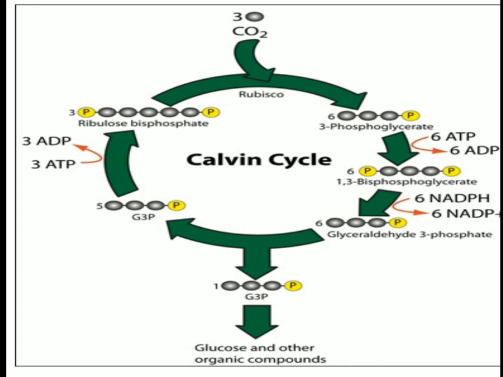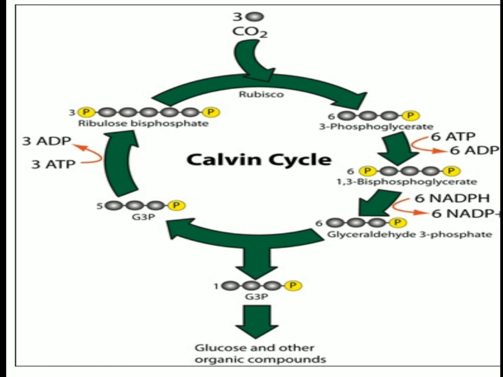Ribulose bisphosphate carboxylase is the enzyme involved in this reaction, and this is the most abundant enzyme. Calvin and his co-workers studied the whole pathway and showed that the pathway operated in a cyclic manner. The ribulose bisphosphate was regenerated.